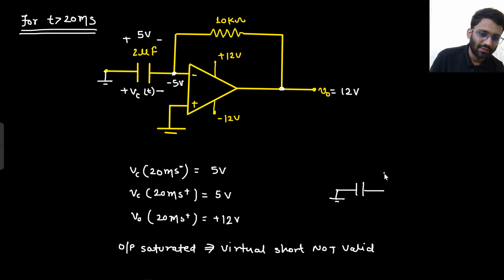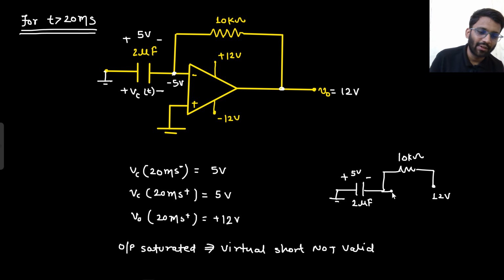Yes. Okay. This is resistance R. This node is at 12 volt. Again the same kind of thing is happening. This is 2 microfarad. Now the capacitor is charged to 5 volt.